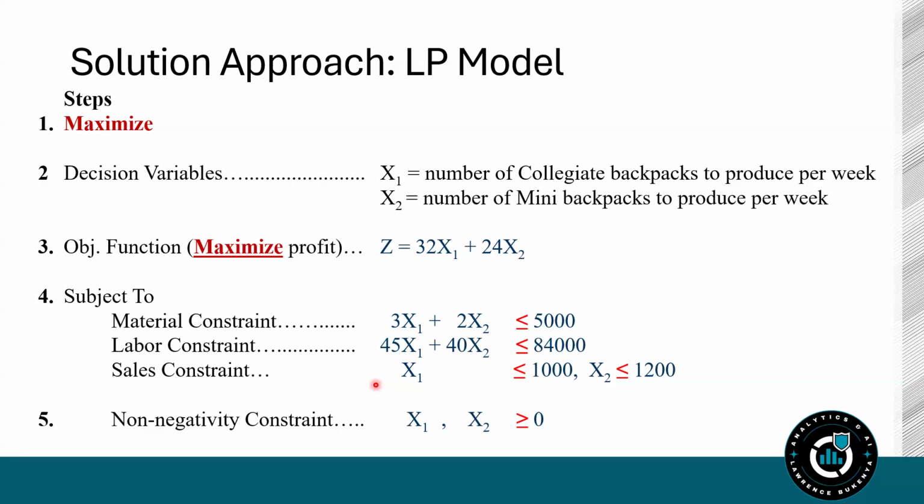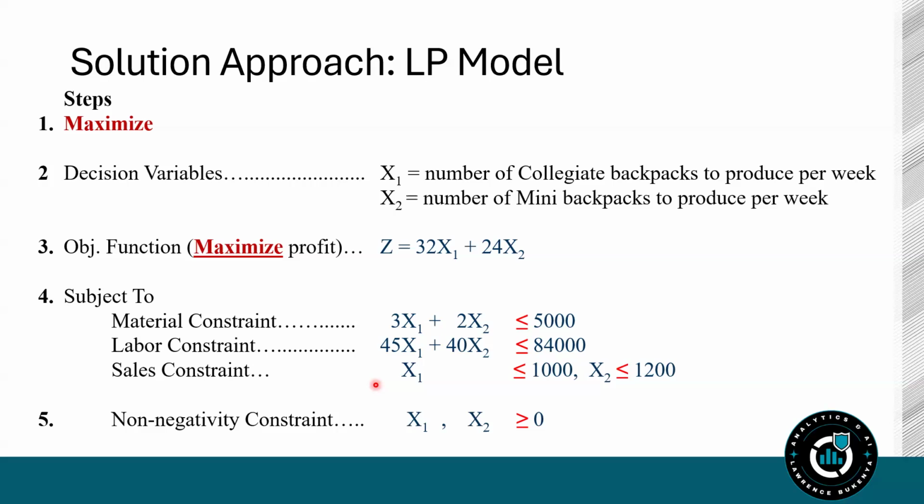Then the sales constraint, we know you can sell up to 1,000 collegiates per week and up to 1,200 minis per week. Then the last step is the non-negativity constraint, where in this case, we are saying we have to produce each of these backpacks every week, at least one of each. That's why we have X1 and X2 greater than 0.